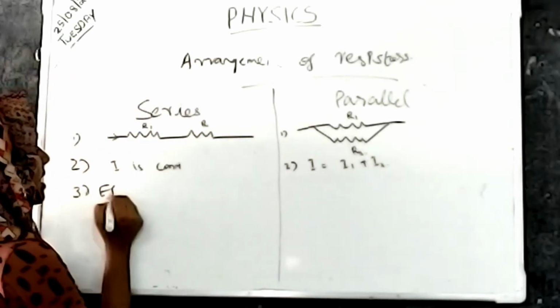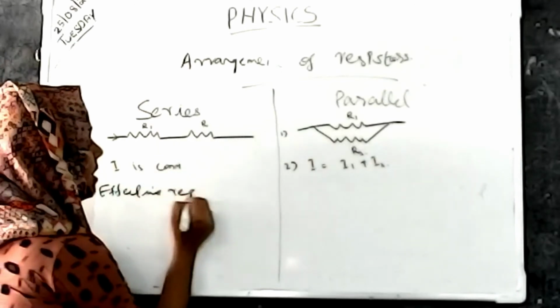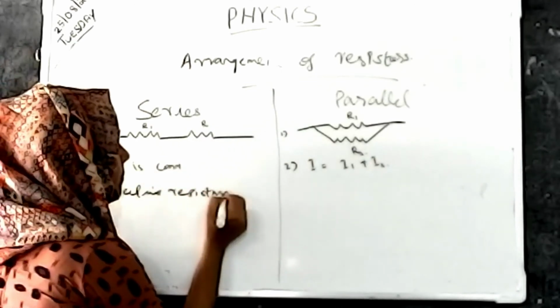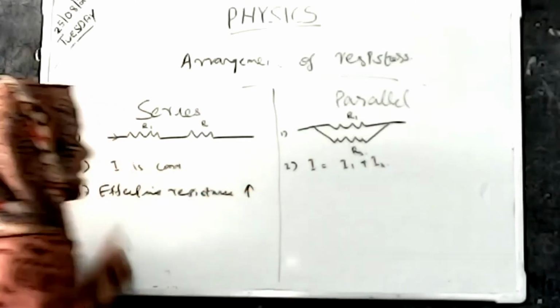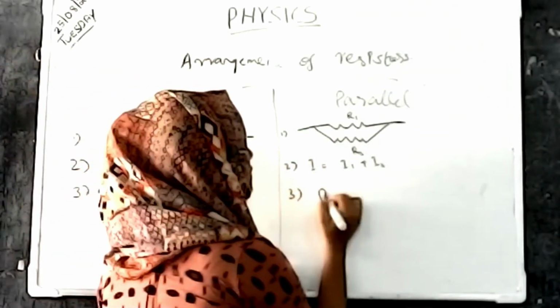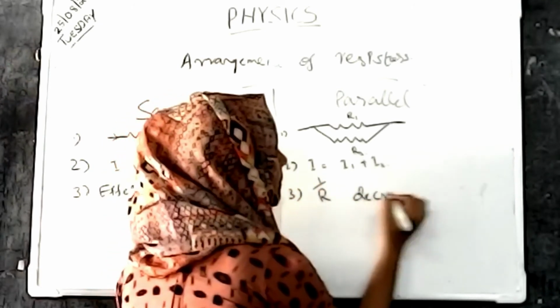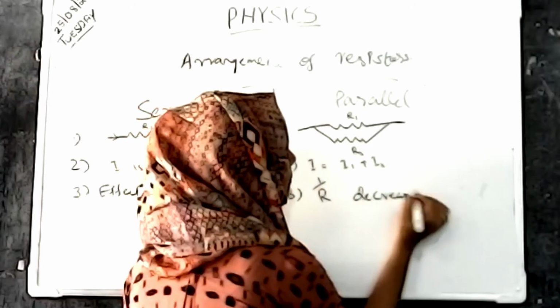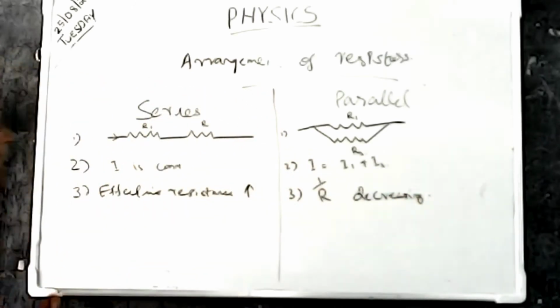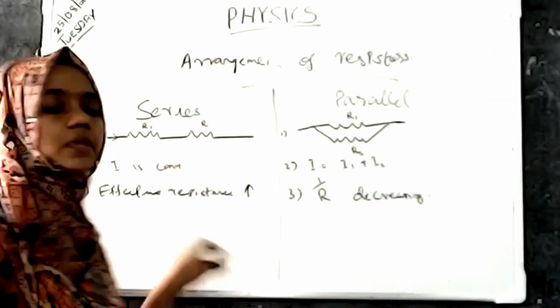So the third one is effective resistance increases in the series connection, and in the parallel connection effective resistance is decreasing. And in the parallel connection the potential difference is the same.